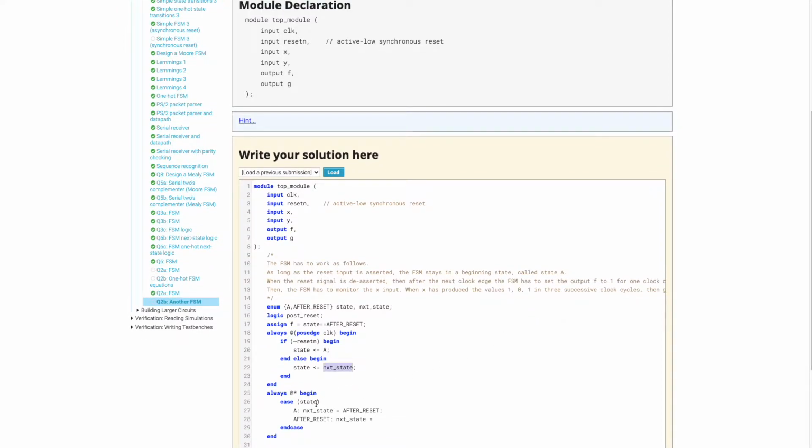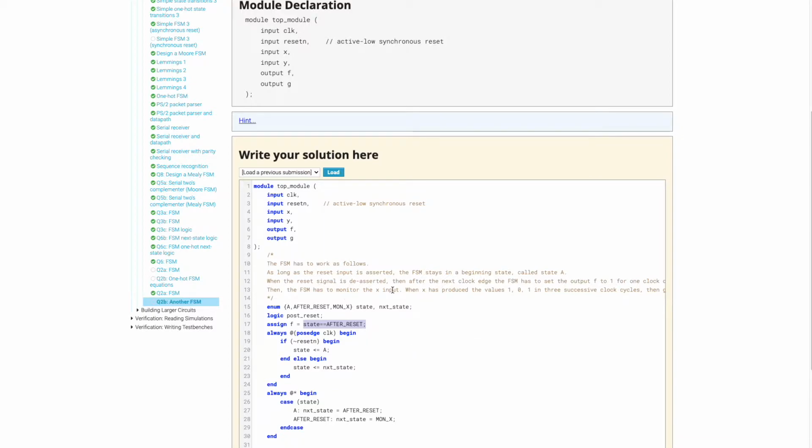So here, next state will go to, when we deassert reset, we'll go to after reset for a cycle. Then I have to monitor the X input. So notice we stay in this state for only 1 cycle, so if state equals after reset, F is only asserted for a single cycle.